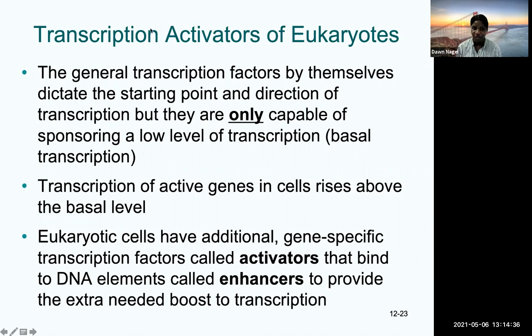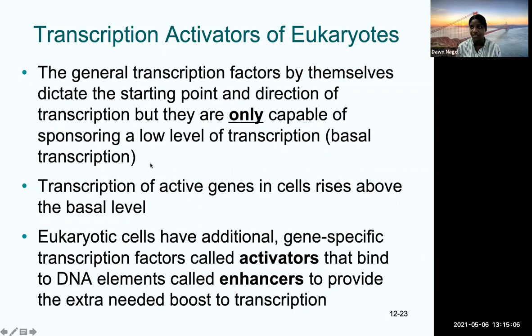And that involves transcription activators, okay? These transcription activators can dictate the starting point and direction of transcription. The general transcription factors will do basal level transcription, and these transcription activators come in and increase that basal level.